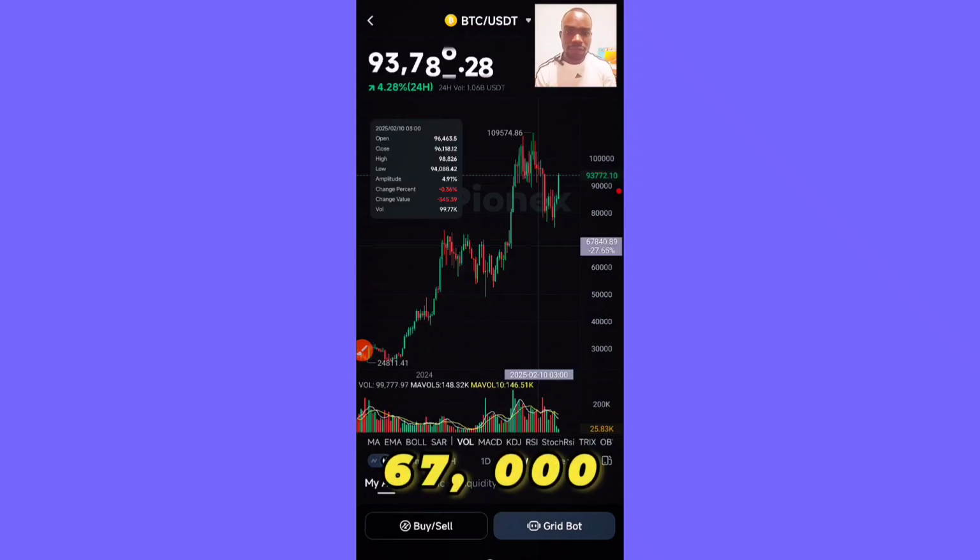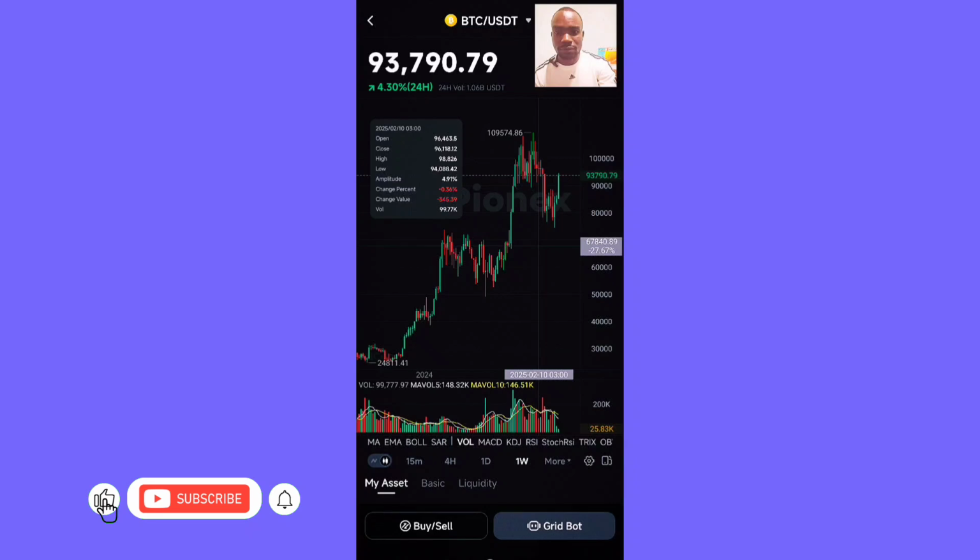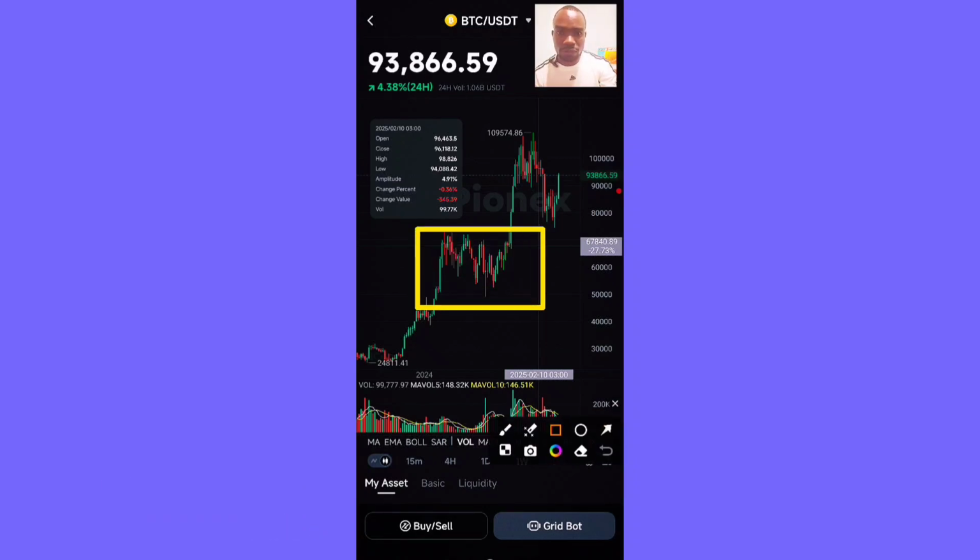Around the 67 area, you can see there was a very huge consolidation in that area. Let me just mark these areas so that you can see it very well. So around this portion, there was a very huge consolidation, and I'd use this one as a very strong support so that I'd have my lowest limit at this portion.